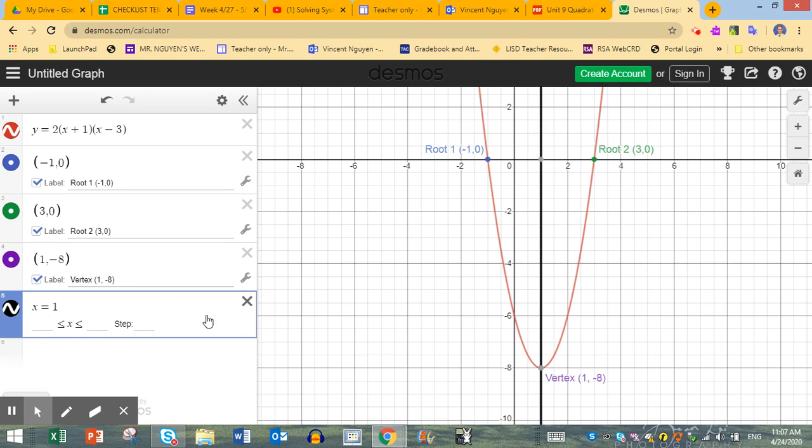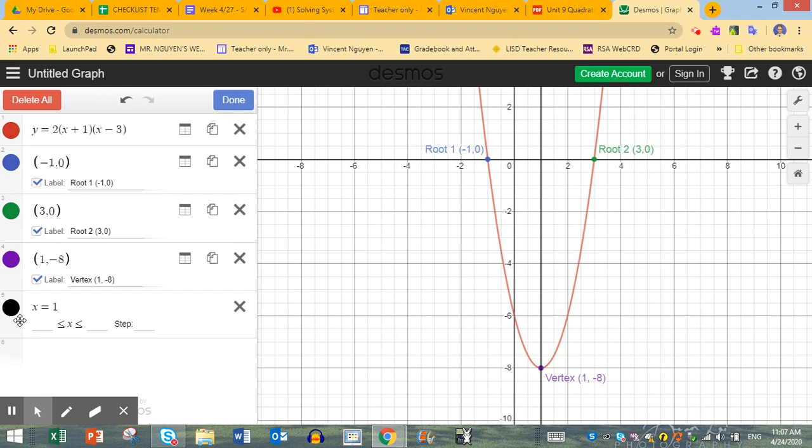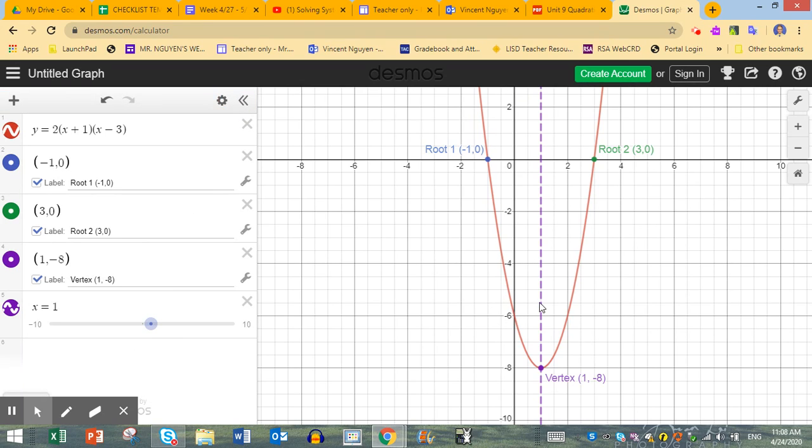Now you can also go to settings and make that line dotted if you want, and you could make it a different color too. Let's make it blue or violet, it doesn't matter. You hit done. There's your axis of symmetry.